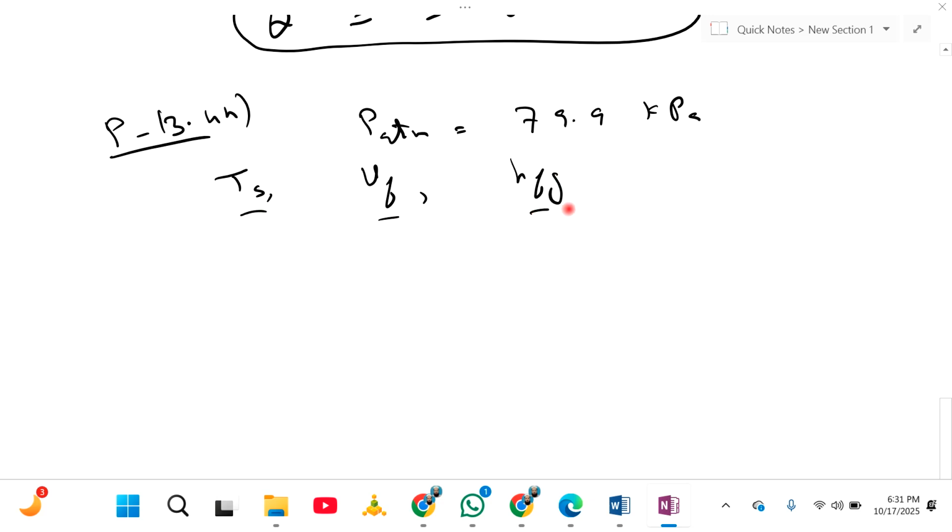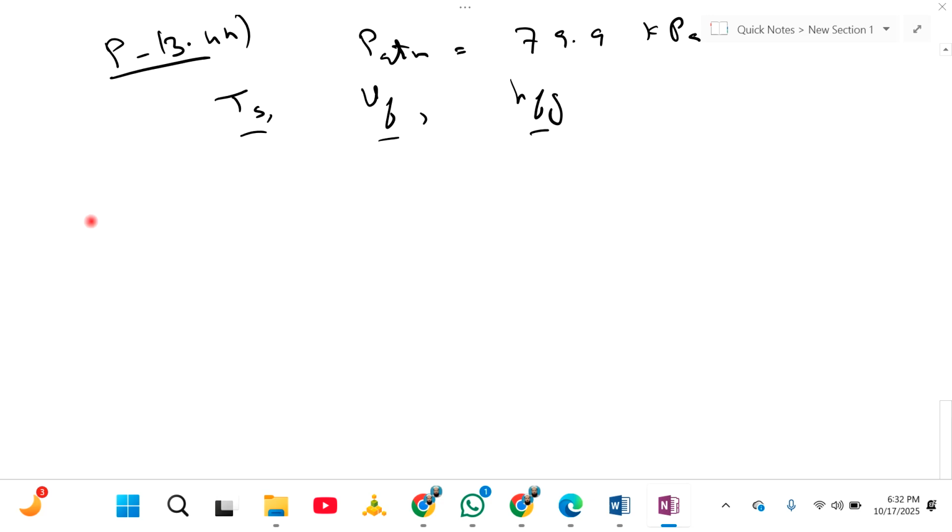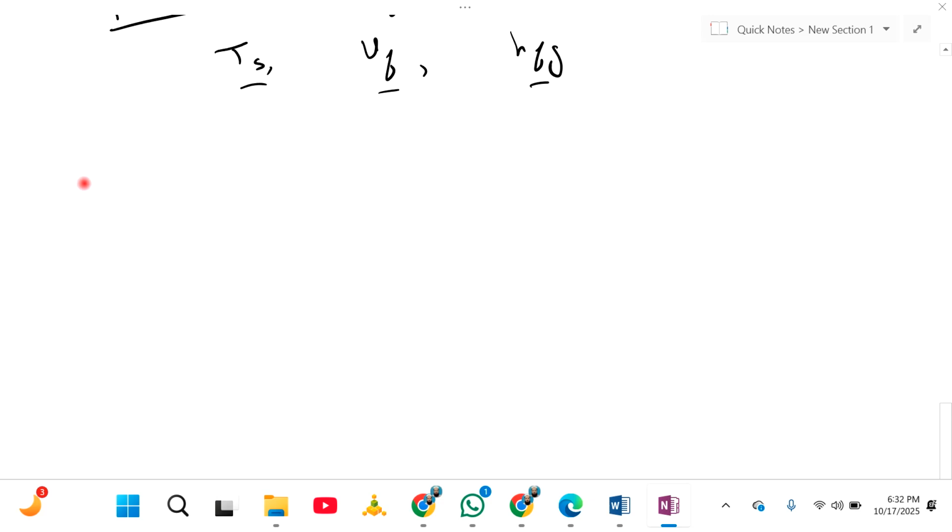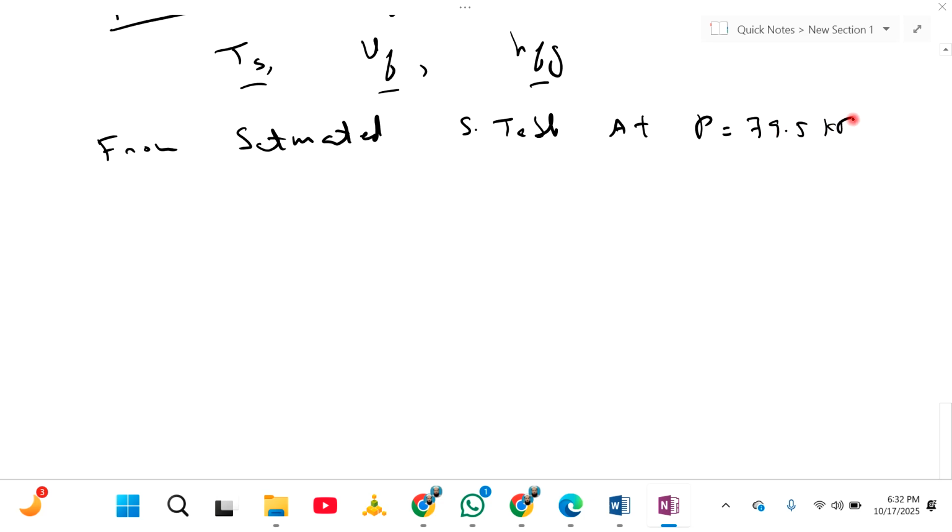So 79.9 kilopascal is not present in the steam table. So we will do interpolation for these three values. So from saturated steam table, at pressure equal to 79.5 kilopascal.